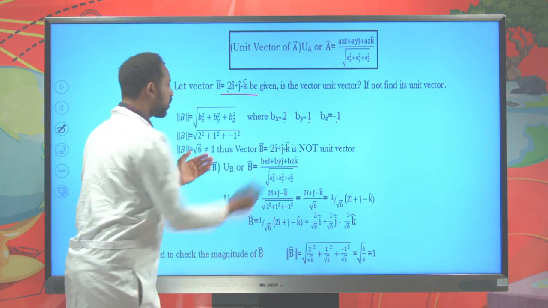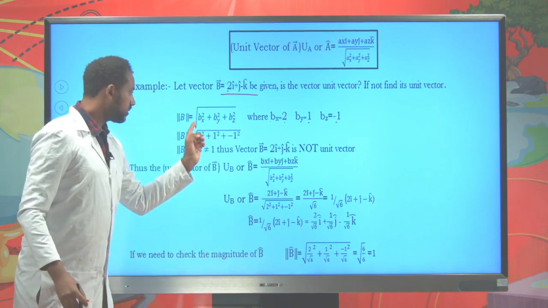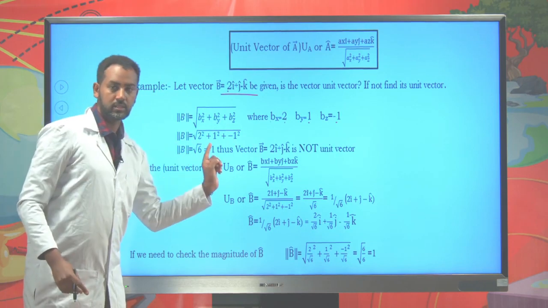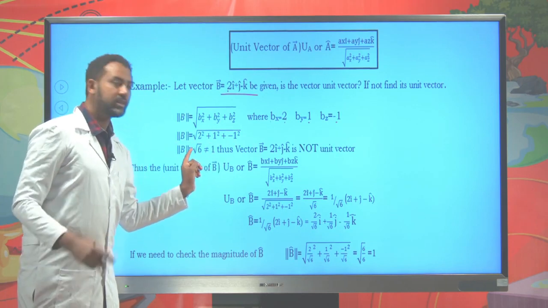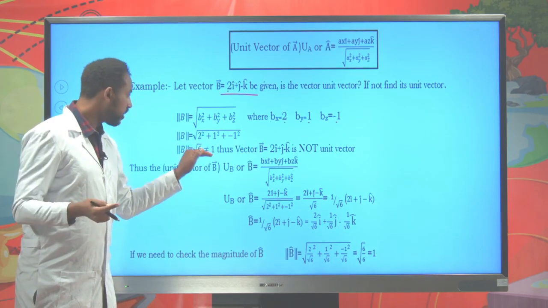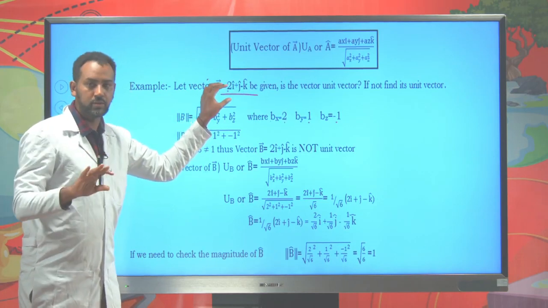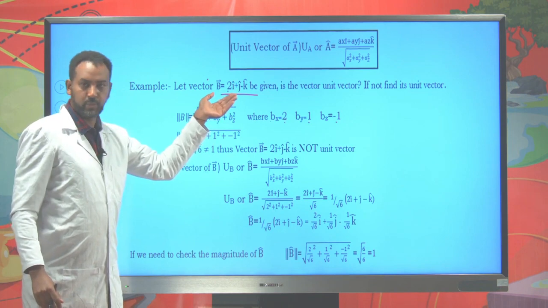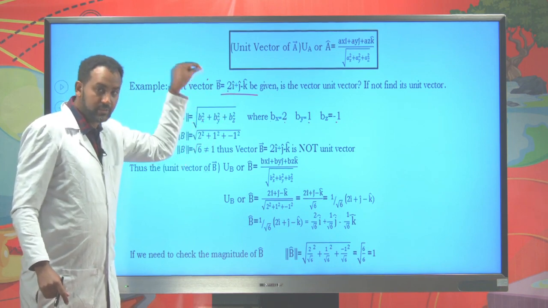If you square all the quantities, 2 squared, 1 squared, and minus 1 squared, gives you 6, so root 6. And root 6 is not equal to 1. Therefore, this vector is not a unit vector. Then how do we determine the unit vector of this vector? It's possible to determine the unit vector of this vector.